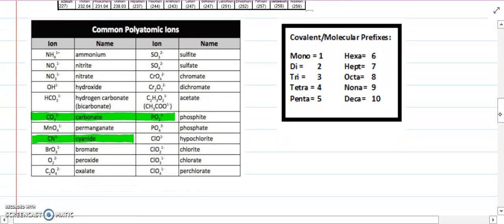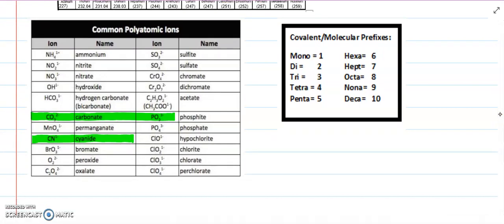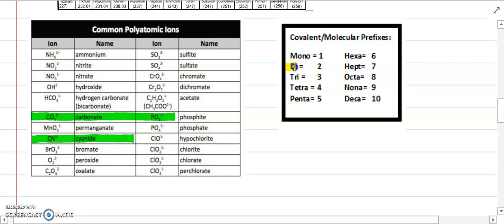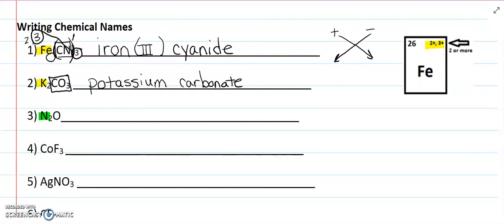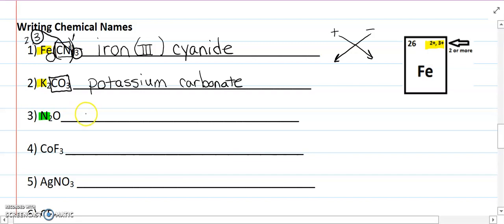There are common prefixes for covalent compounds. The rules for writing this are to put a prefix on the first nonmetal, and in this case, my prefix would be di, which is 2, for every number except for 1. If I have one nonmetal, then I don't write that prefix. So this is going to be di-nitrogen.